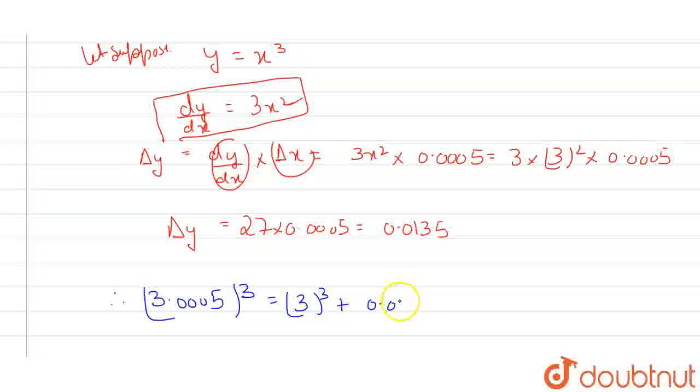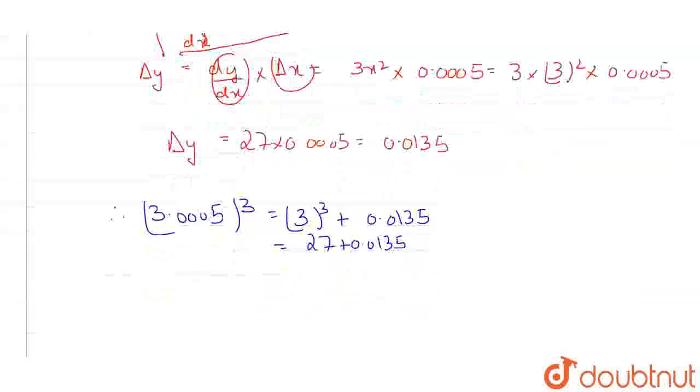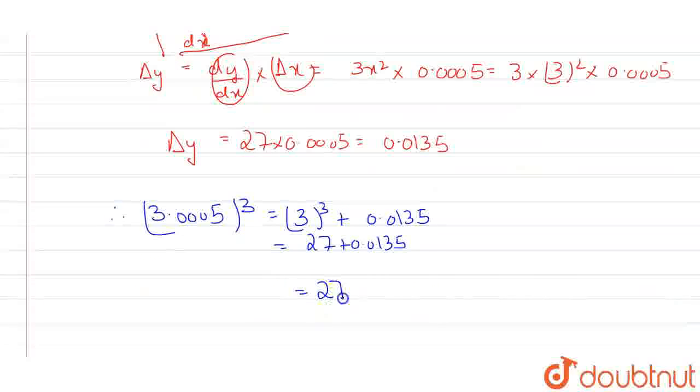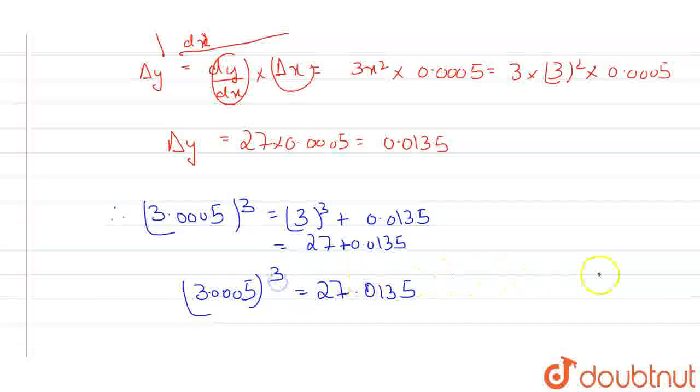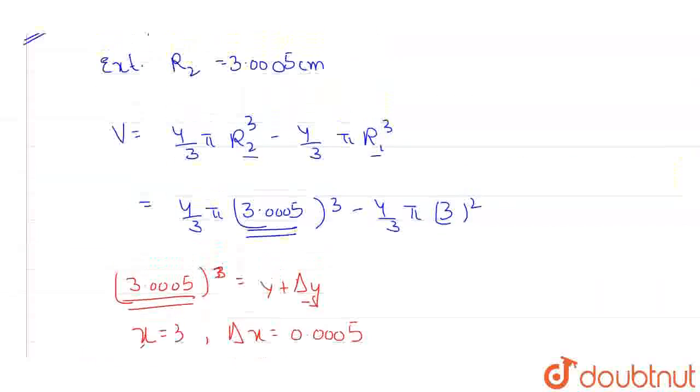Exactly, 0.0135. So this will become 27 plus 0.0135, and the value will come out as 27.0135. This is the approximate value for 3.0005 whole cube.